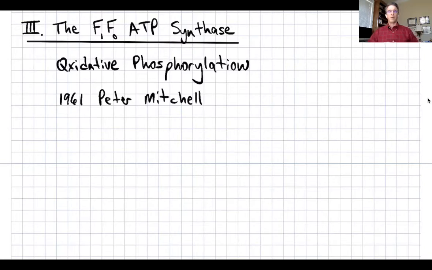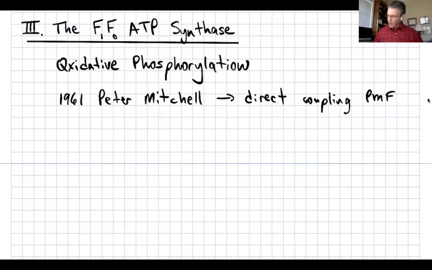Mitchell proposed that ATP was being synthesized as a result of direct coupling to the proton motive force. That something about protons moving through that electrochemical gradient was the power directly for making ATP. And this got a name. It's known as the chemiosmotic hypothesis.